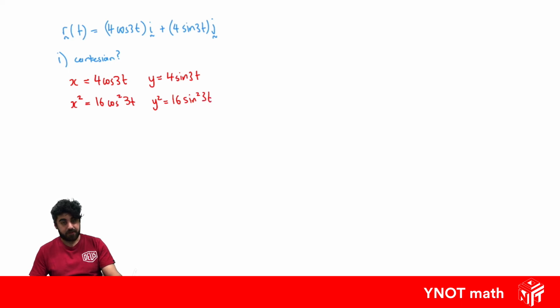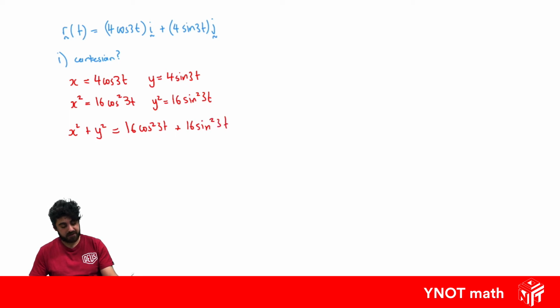Let's go ahead and add those equations together, because we know if we have a sine squared plus a cos squared, it's going to give us 1. So we'll add our left-hand sides together to give us x squared plus y squared. Then we'll add our right sides together. So we'll have 16 cos squared 3t plus 16 sine squared 3t.